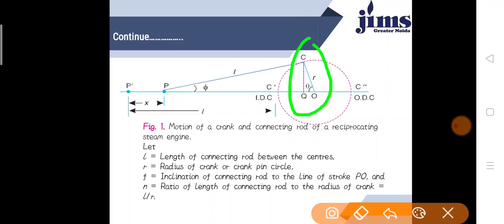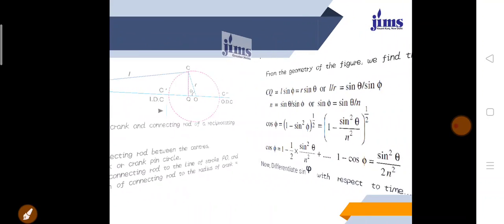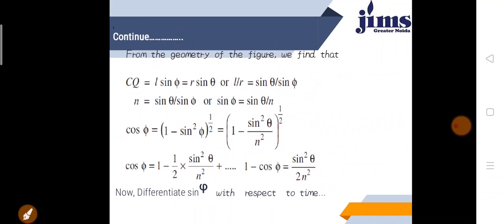When we consider CPQ, then the value of CQ is l sine phi. Now, from the geometry we got CQ equals l sine phi and equals r sine theta, or we can calculate the ratio l by r equals sine theta upon sine phi, and we got sine phi equals sine theta by n. I hope all of you understand.